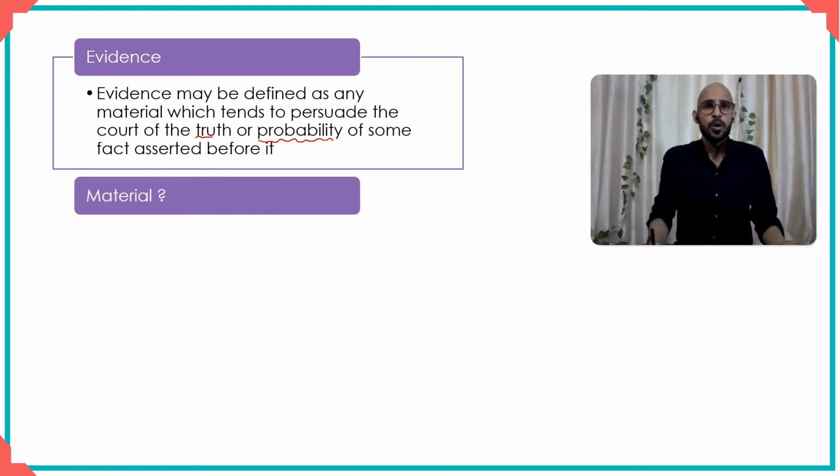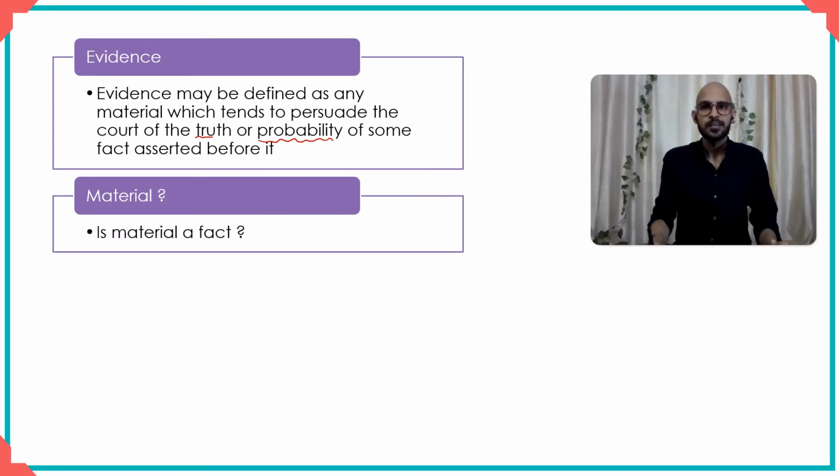Now, what is the meaning of material? I want you to understand this thing in the context of the definition of fact that we had studied. What is material? Is material a thing? Right? If you remember, when we saw the definition of fact in section 3, a fact is anything, state of things or relation of things capable of being perceived by the senses.